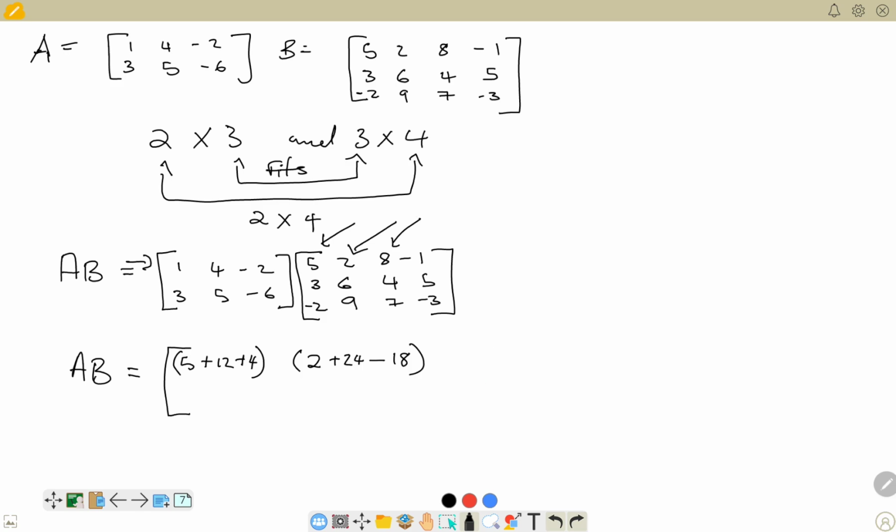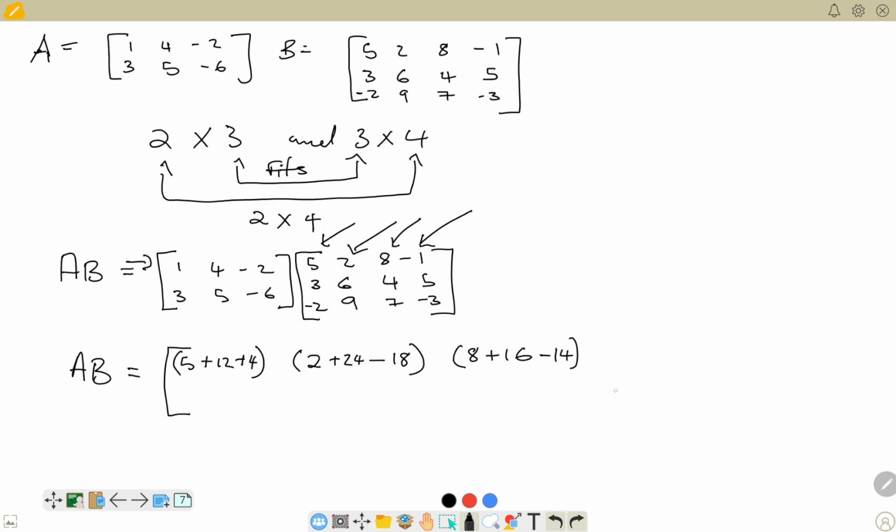Now we move to the third column. Once we are done, we don't add anymore. Similarly, 1 times 8 is going to be 8. 4 times 4 is plus 16. Negative 2 times 7 is minus 14.